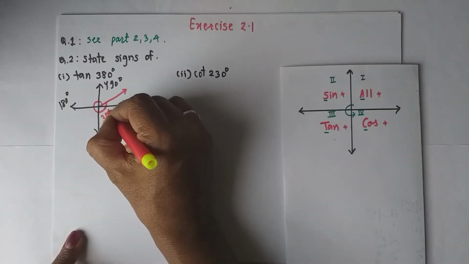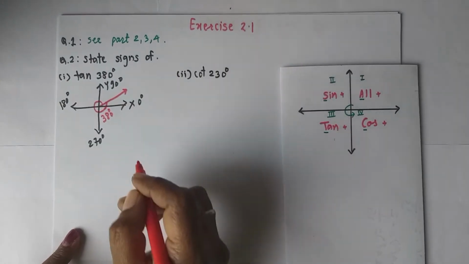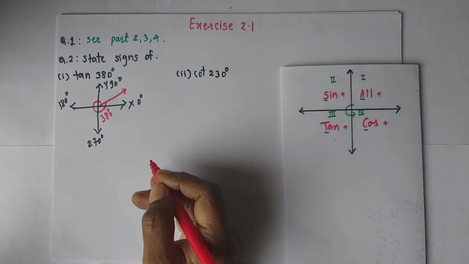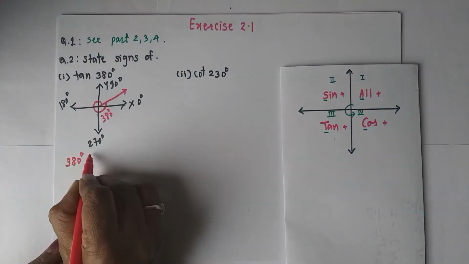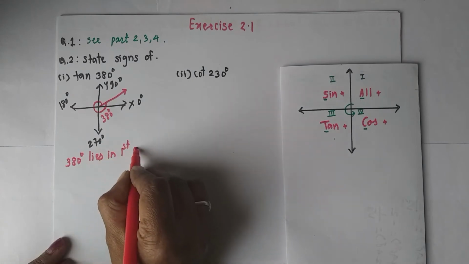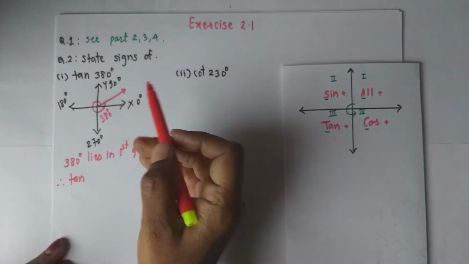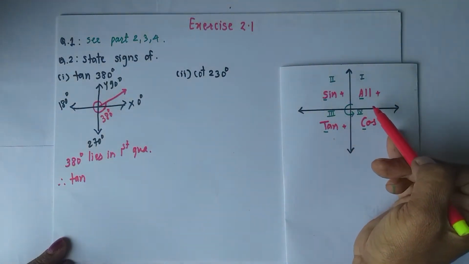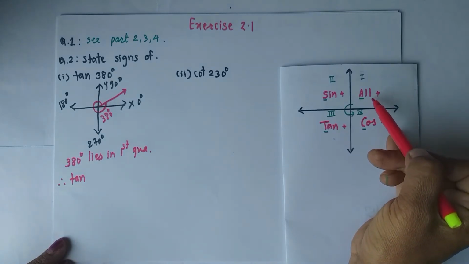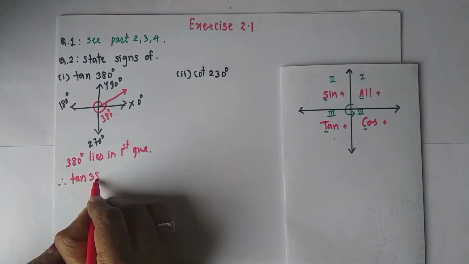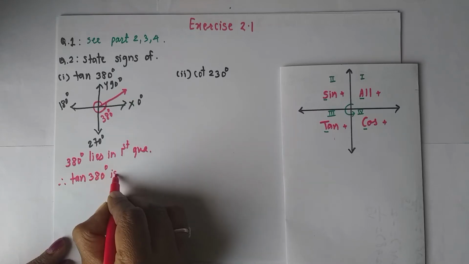This is the angle of 380 degree, and it lies in the first quadrant. Therefore you write down 380 degree lies in first quadrant, and we know that in first quadrant all the trigonometric functions are positive. Therefore tan 380 degree is positive.